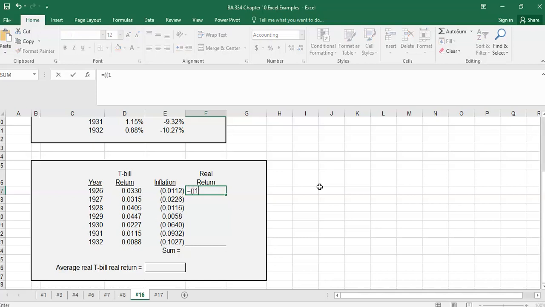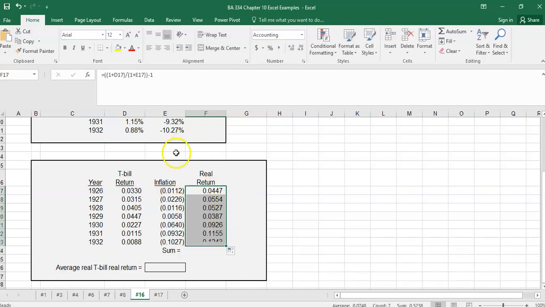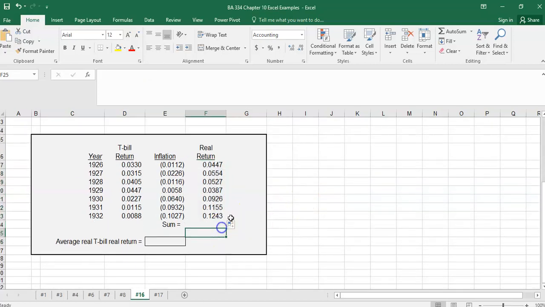So 1 plus the nominal return divided by 1 plus inflation, minus 1. And we should be able to copy that formula. Thank you, Excel.